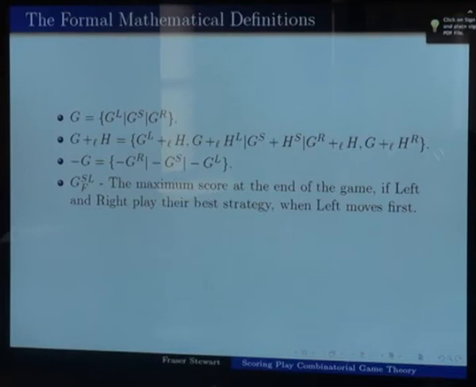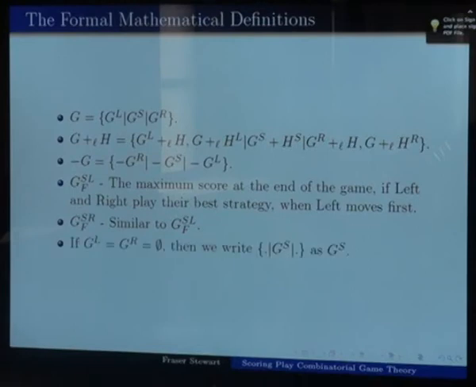The idea is that when left plays, he's trying to maximize the score, and when right plays, he's trying to minimize it. So this left final score is simply the maximum possible score that left could achieve if both players play the best possible strategies and left moves first. We have a similar one for right, GSRF, but instead of the maximum, it's the minimum.